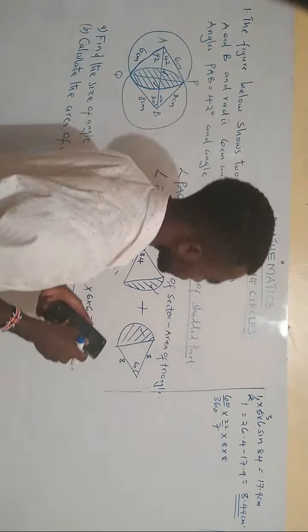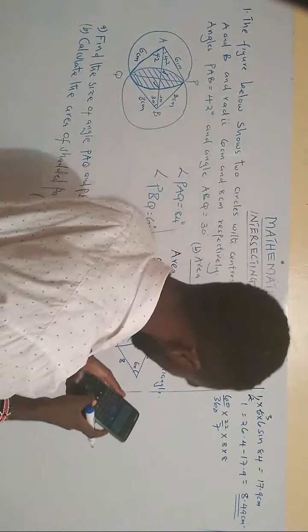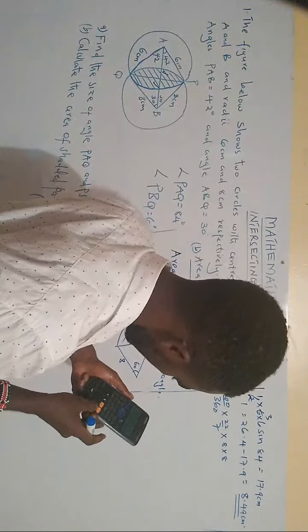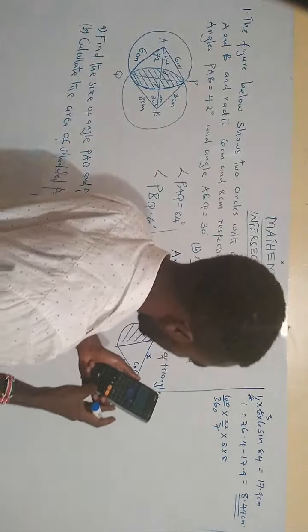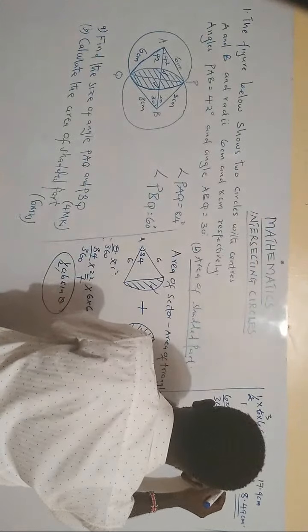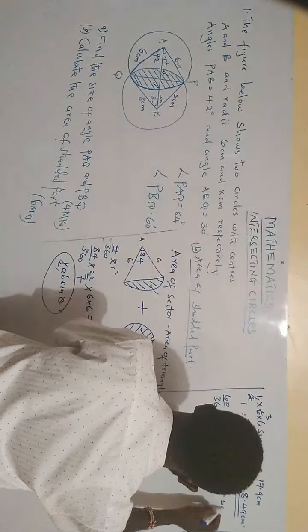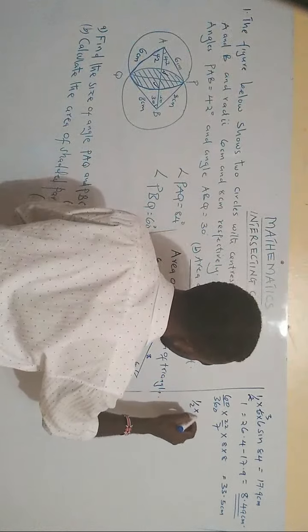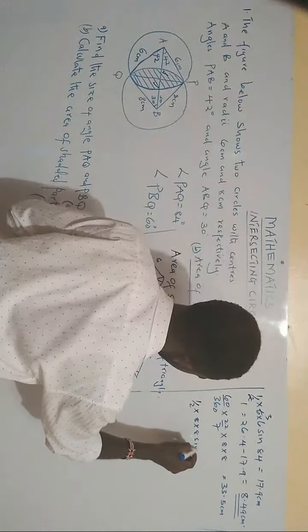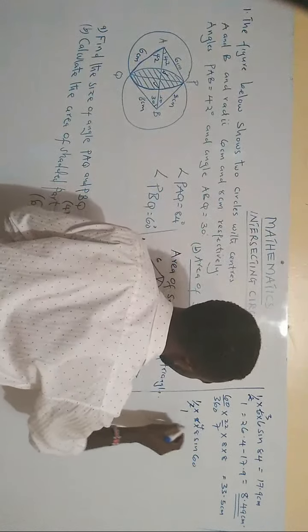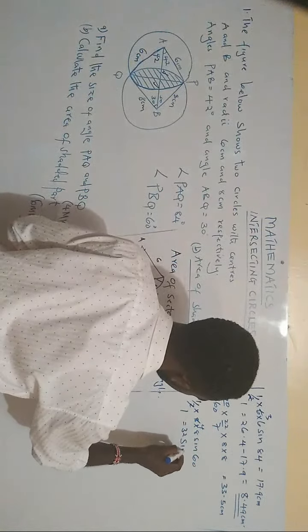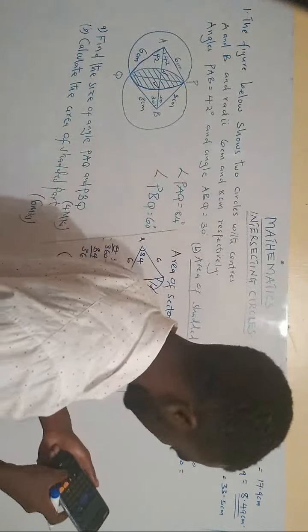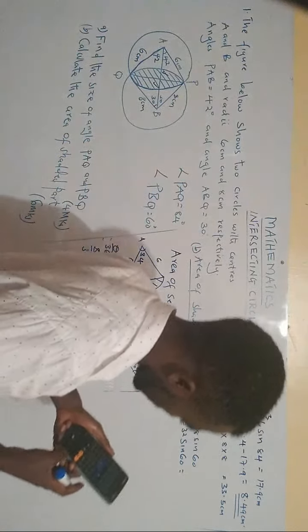That will be 33.5 centimeters squared. Then the area of the triangle, half ab sin theta: half times 8 times 8 sin 60, so 32 multiplied by sin 60, and you get 27.7.